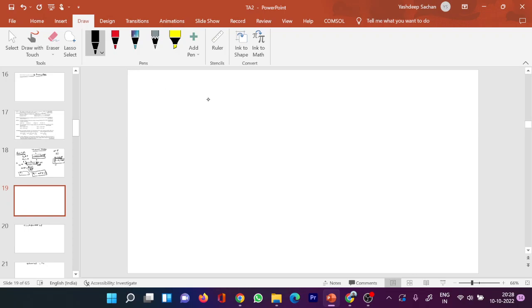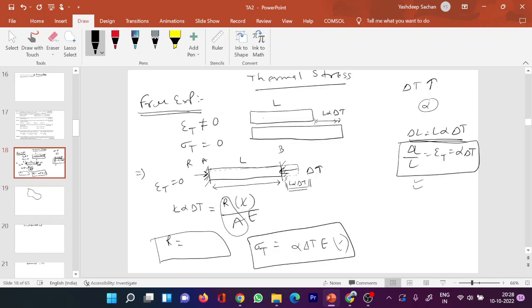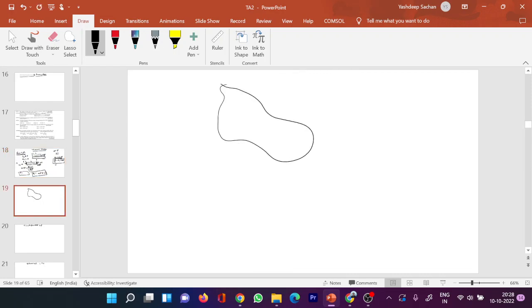Now another case is the free body. Here if the body is free, no support is there. But what is the condition for temperature? If here it is 100 degrees Celsius and here 110 degrees Celsius, then it is for the whole body, right? Here 100, everywhere 100 degrees Celsius, and the downside 110 at every place. Now let's suppose 200 degrees Celsius temperature is there at this end, and at this end 250 degrees Celsius.